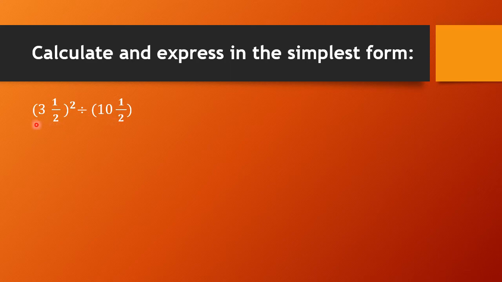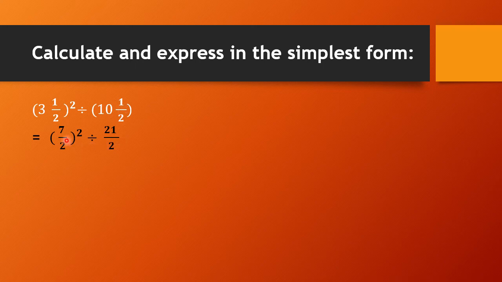How can I convert it? 3 times 2 equals 6. 6 plus 1 equals 7. So (7/2)^2 divided by 10 times 2 equals 20, 20 plus 1 equals 21 over 2.